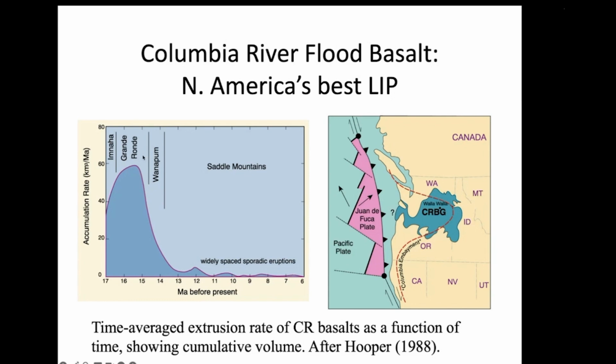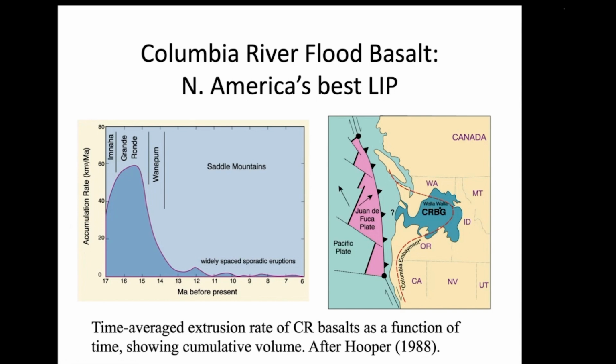But the big outpouring, as we said, very quickly, the Grande Ronde, is between about 16 and a half and 14 and a half million years ago. A little bit less in the earlier Imnaha, a little bit less in the later Wanapum. This is the huge outpouring of basalt that made the Columbia River basalt LIP.